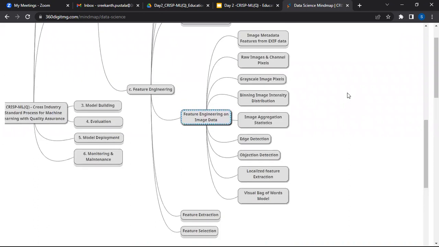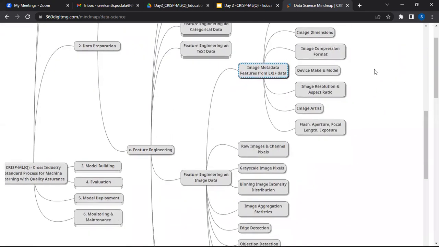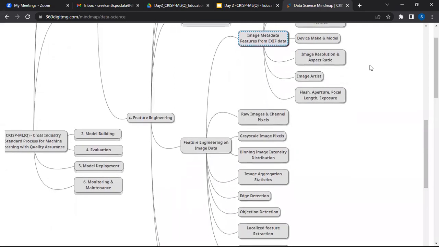So feature engineering on image data. Image metadata features from EXIF data, which contains image create date and time, image dimensions, image compression format, device make and model, image resolution and aspect ratio, image artist. We have flash, aperture, focal length, exposure.